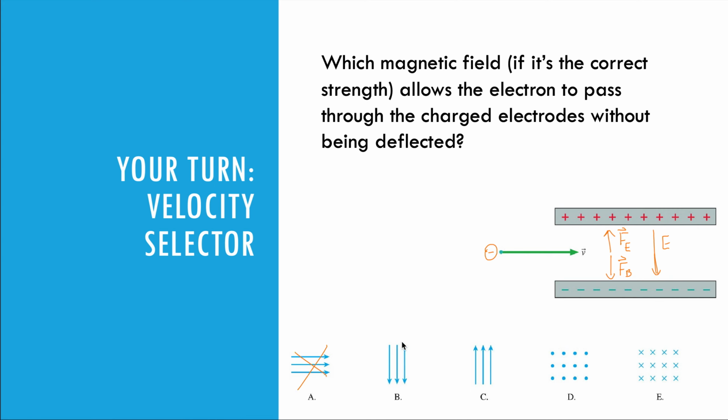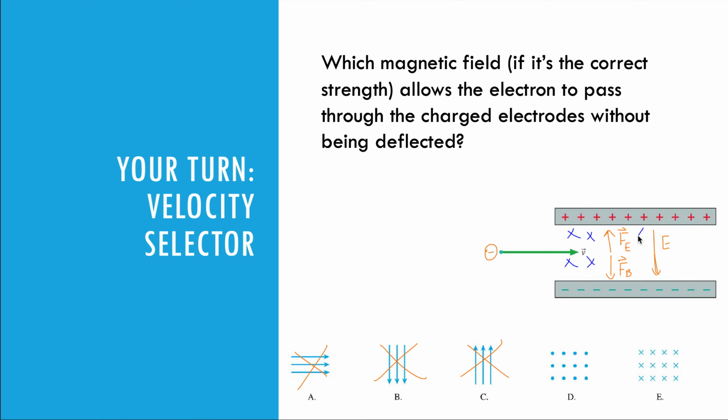If the magnetic field went down, well, use your right hand rule, pretend the charge is positive, put your fingers to the right, fold them down, and that would be a force into the page. For a positive charge, it would be a force out of the page for a negative charge. That's not what we want. We don't want a force into or out of the page. So let's look at a field into the page. If we have a field into the page here, what's going to happen?